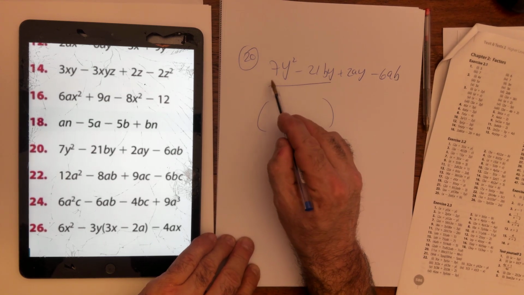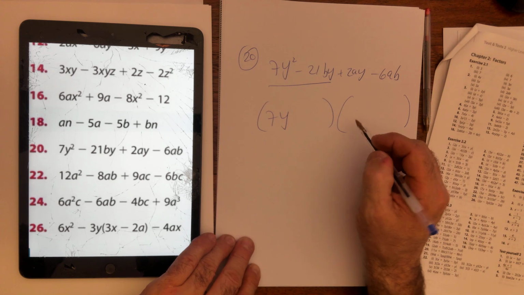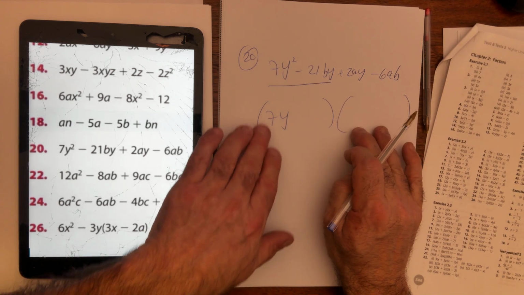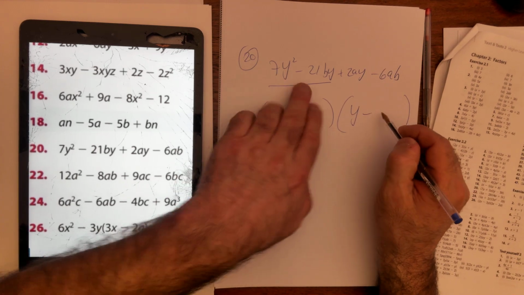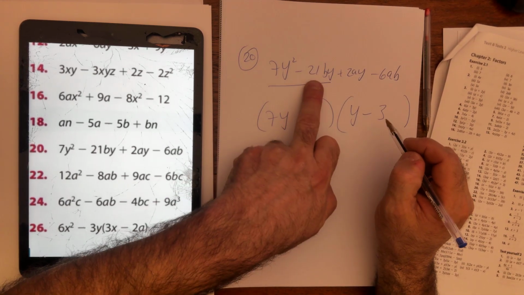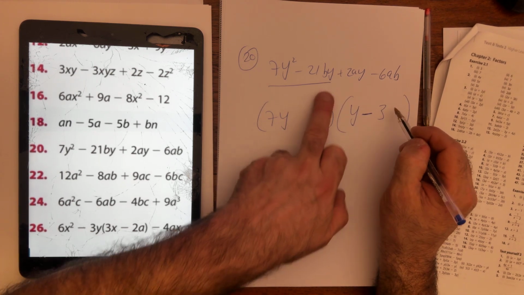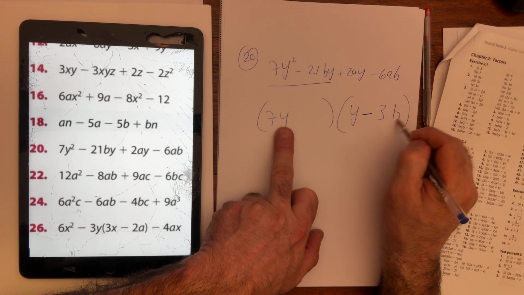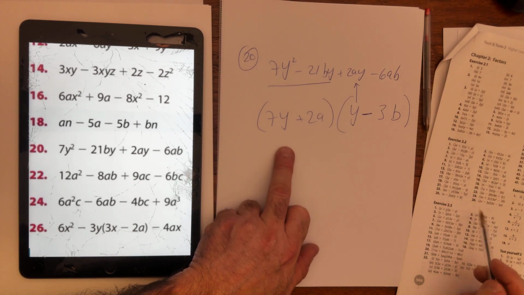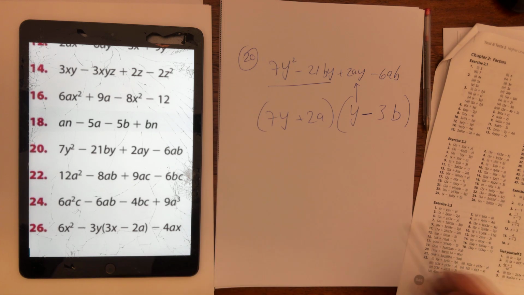Take out 7y, leaving, and in the second factor the binomial will be y minus 3. 7 into 21 is 3. It's a negative over a positive, so negative here, and the b's are gone, the y's are gone, so you're left with b. Now that goes into that plus 2a times, let's check that, question 20, 7y plus 2a times y minus 3b. I think we've done enough.